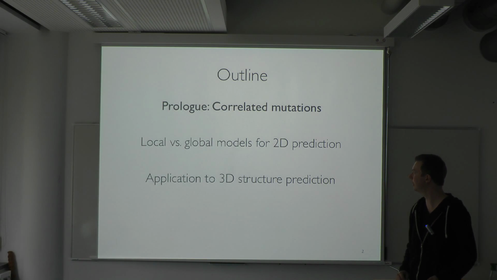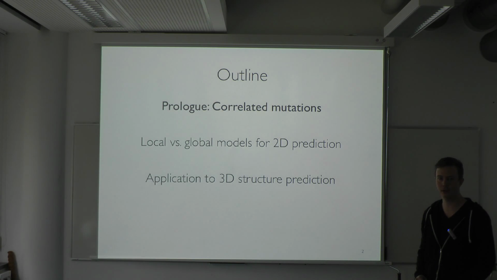The first one is a short prologue about the basic idea that underlies this work, how you predict 2D contact maps of proteins using correlated residue exchanges. And then in the second part, I will go into a bit of the technical details and the math of how you do that.